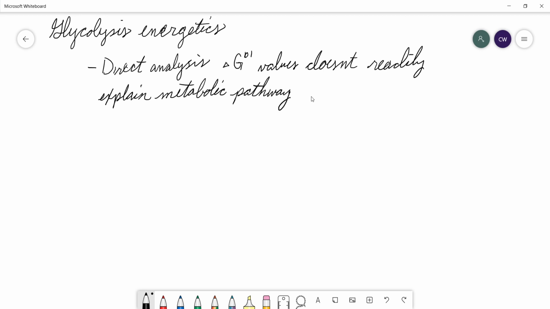And it definitely does not explain the efficiency of that pathway.